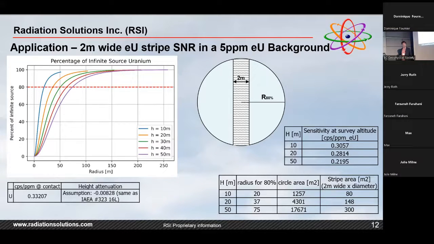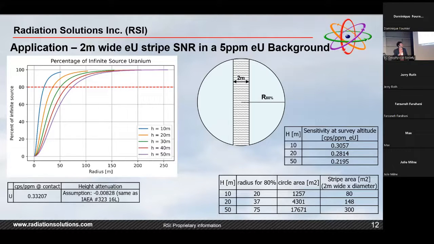So that gives you quite a large area you're looking at. Obviously, the higher you go, the wider you're going to look. So the stripe or whatever you're trying to detect is going to be blended in your background or the surrounding. That can lead to a deceivingly low value or significance of the measurement you're going to get.